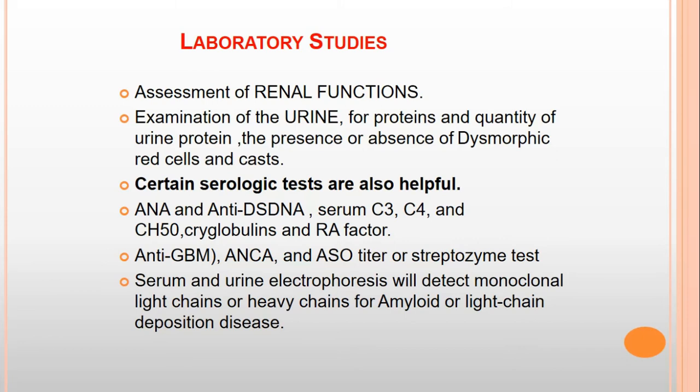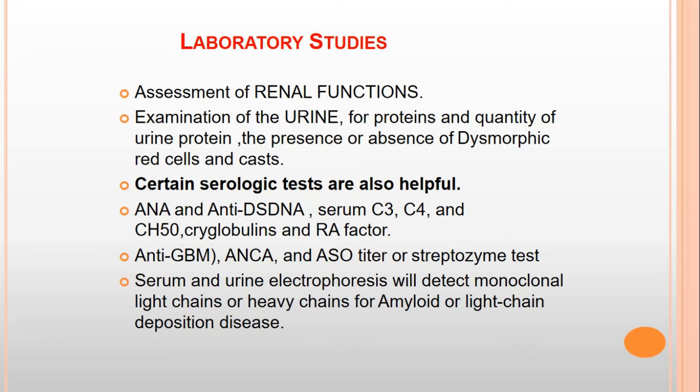Laboratory studies: assessment of renal function, examination of the urine for protein, and quantifying the urine protein. As I discussed in the first lecture, a 24-hour urinary collection shows the proteinuria, and a spot urine protein creatinine ratio quantifies the protein amount in the urine.